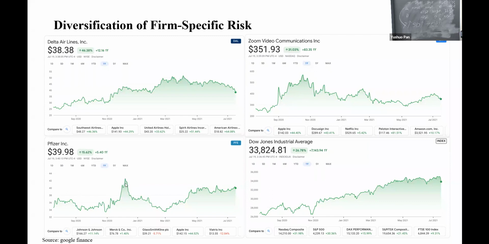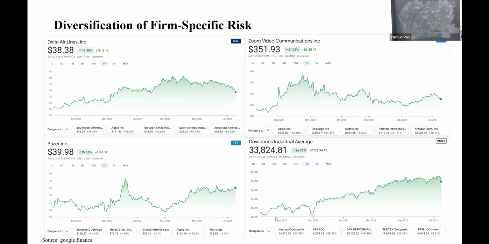Which means if you only choose one firm's stock, you are going to bear a huge risk, right? You don't know what the price will look like in the future. Maybe this one doesn't move at all, but for Zoom Video, it increased a lot. What you can do for diversification is the Dow Jones Industrial, the combined price of 30 major companies.